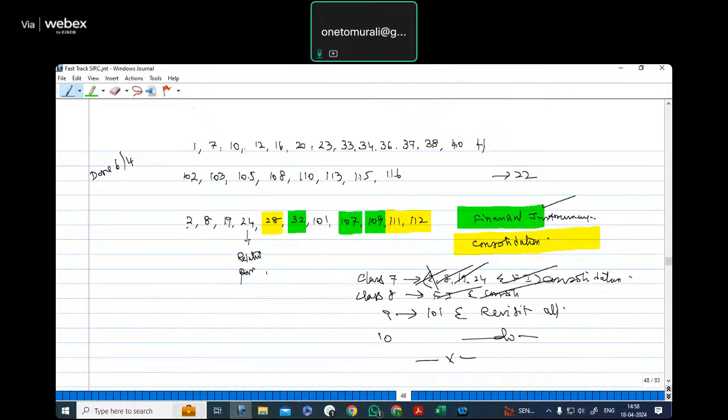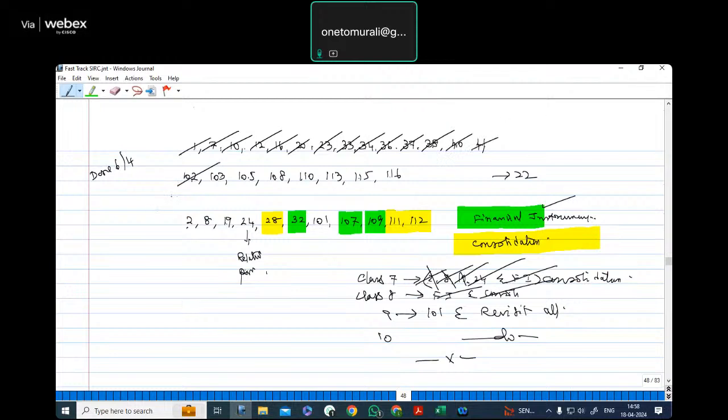We understand 2 got over, 8 got over, 19 we have done, and now 24, related party. So now let's just go through what we have covered: 7 the cash flow, 10 events occurring after reporting period, 12 deferred tax, PPE, government grants, 23 borrowing cost, EPS 34, interim financial, 36 impairment, 37 provision, 38 intangible, 40 investment property, 41 agriculture.